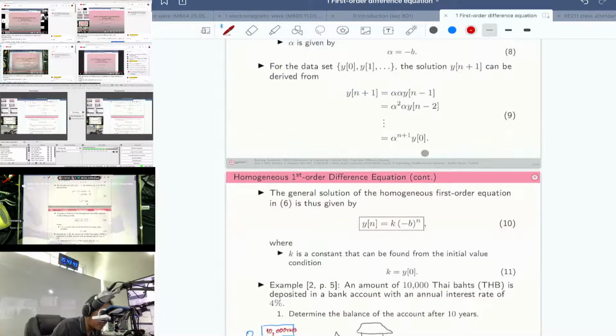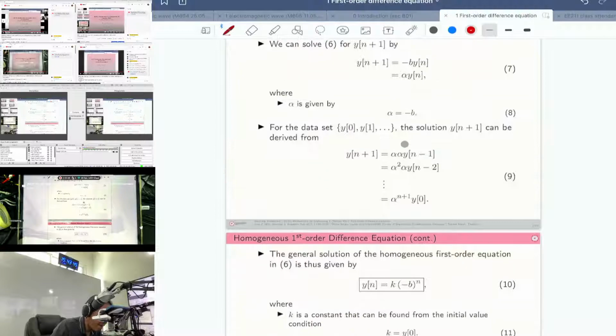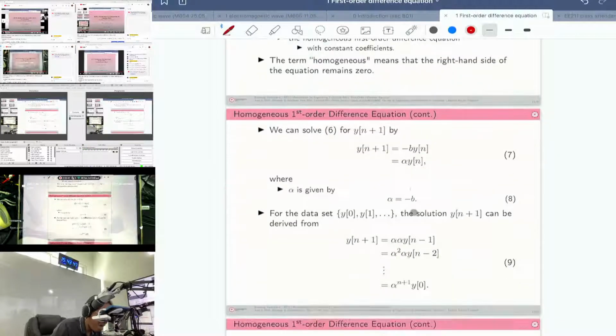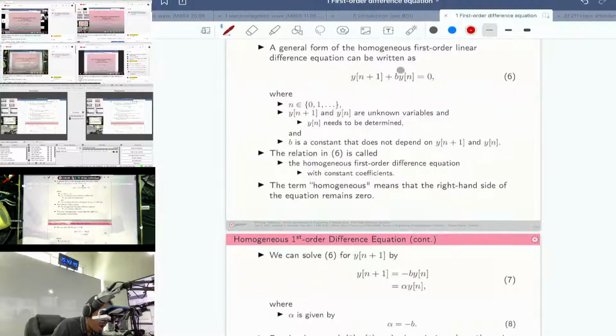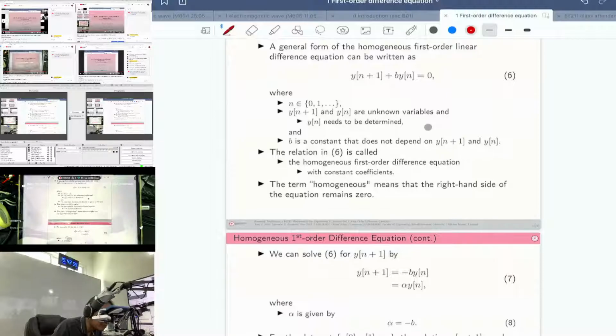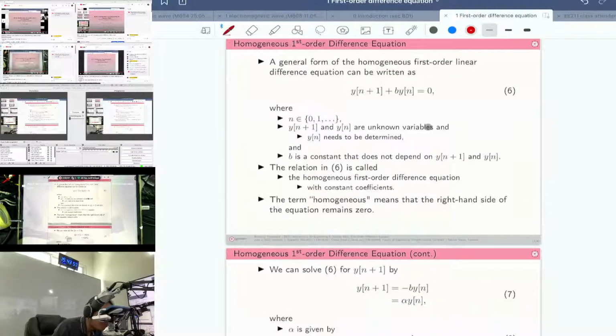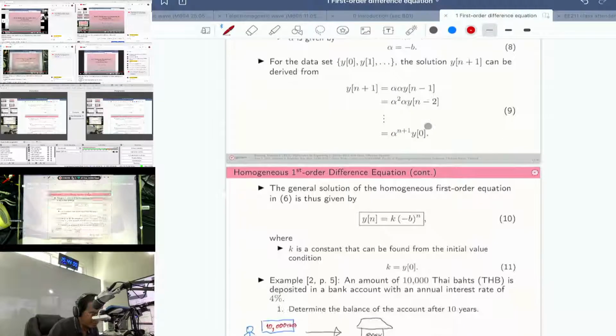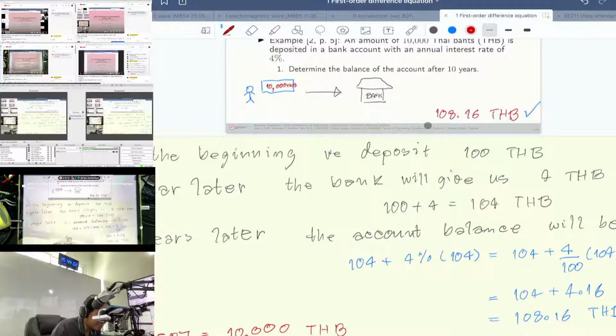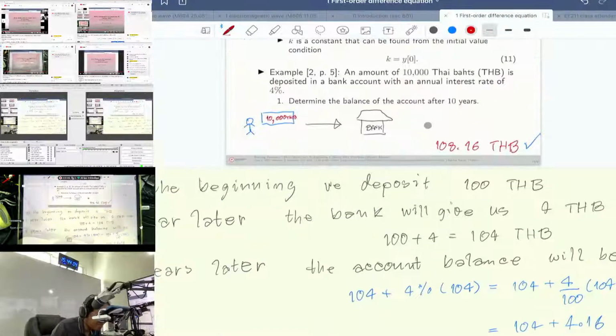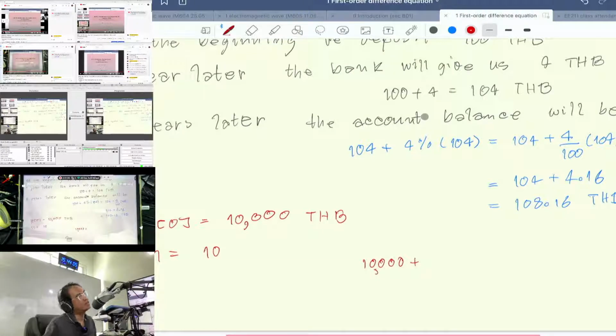How could we form this one? B, right? B plus 4% of 10,000, right?